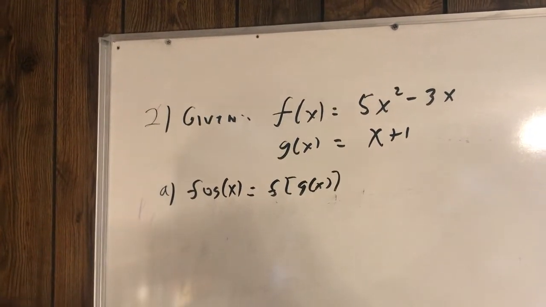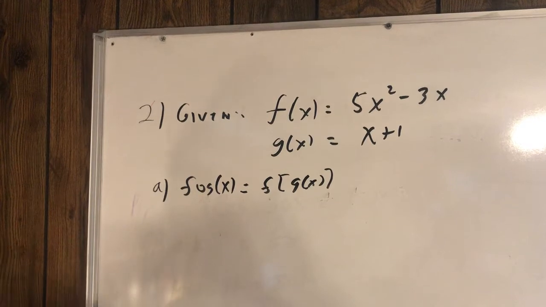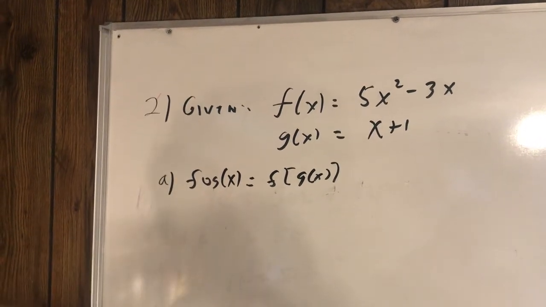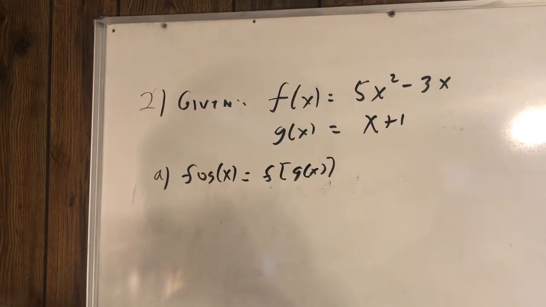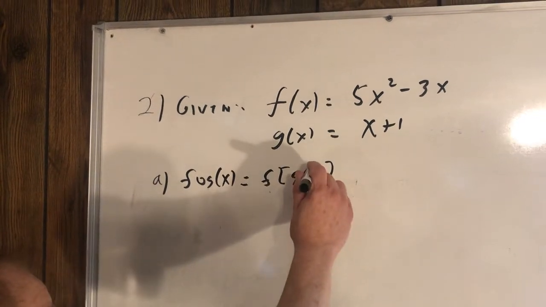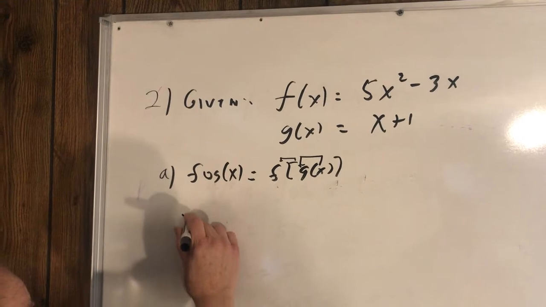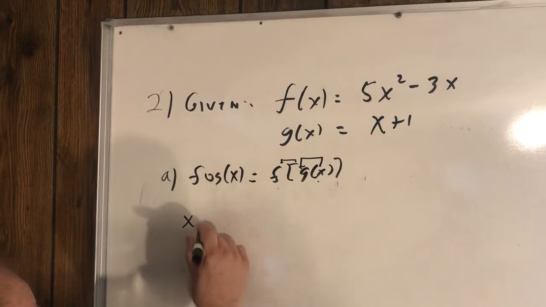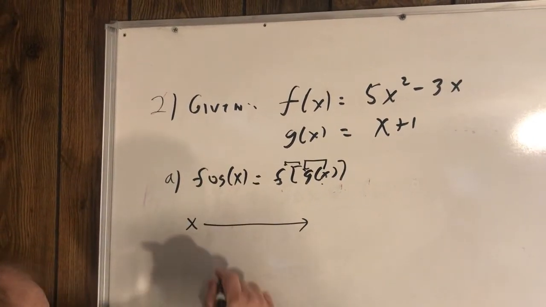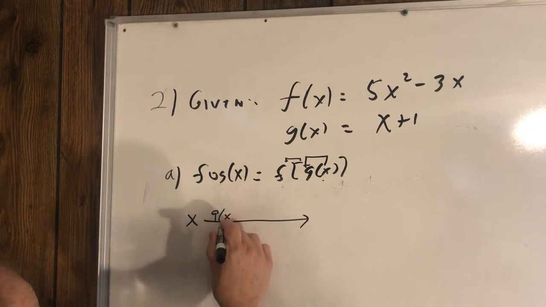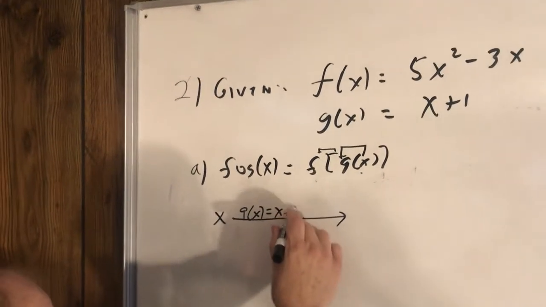And what we have here is an embedded function. This is called composition. And we always start from right to left when we do these. So I use the assembly line method. I put the x on there. Then I put it through the first machine, g of x equals x plus 1.